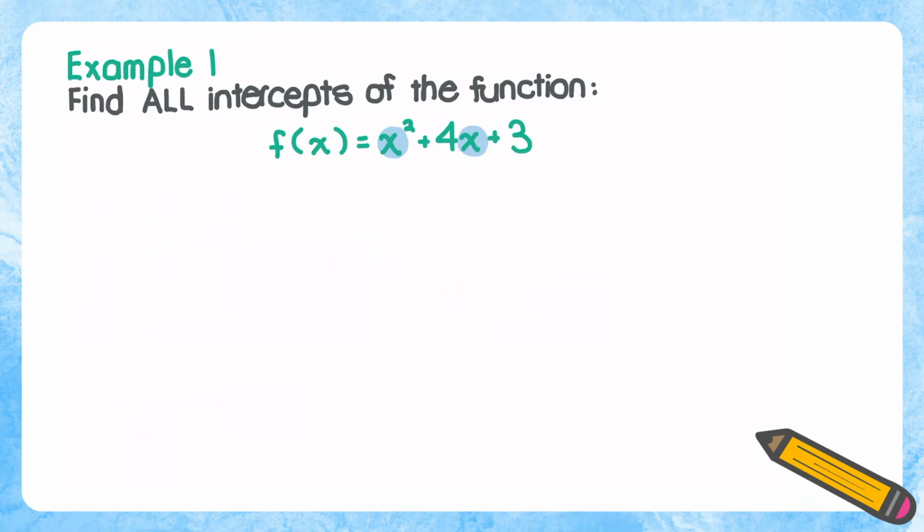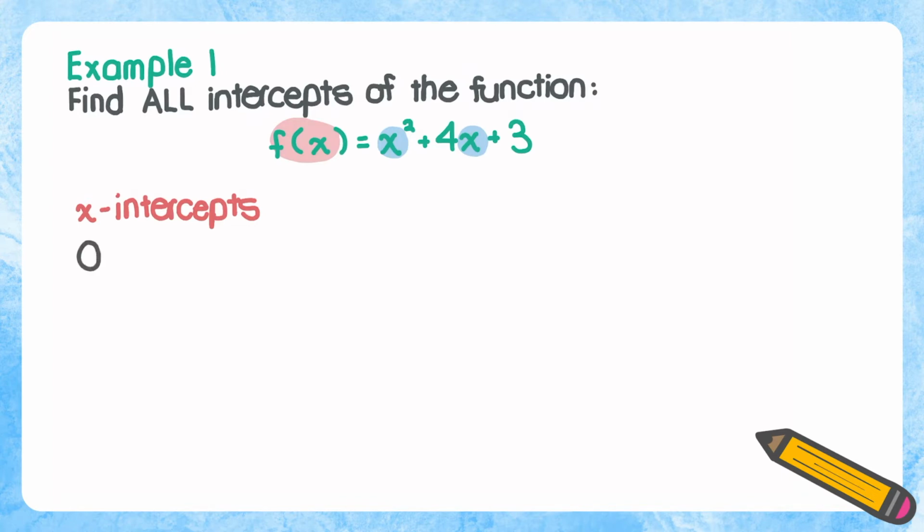So the x-intercepts are the points where the graph crosses the x-axis. So the x-intercepts happen when y is equal to 0. So we're going to set this f of x, or think of it as y, equal to 0.